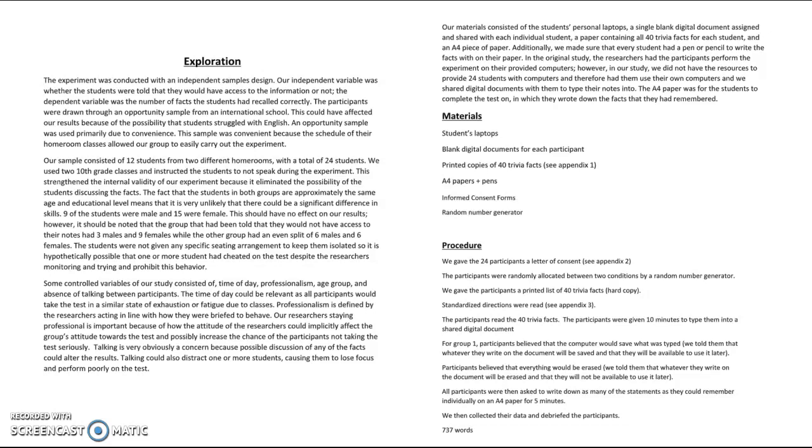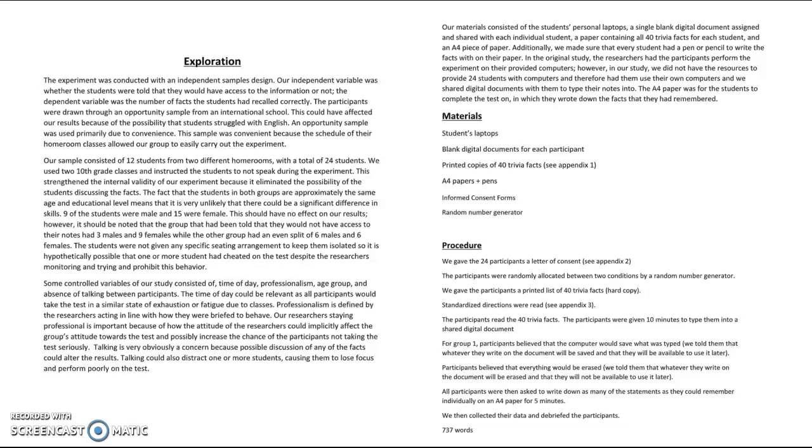However, they haven't then gone on to explain what independent samples is. Why did they use that? Why did they not use repeated measures? So the structure of this I like, but this would only achieve 2 out of 4 marks. There is a lack of detail running through this where they've not explained some of those key points properly. They've said an opportunity sample was used primarily due to convenience.